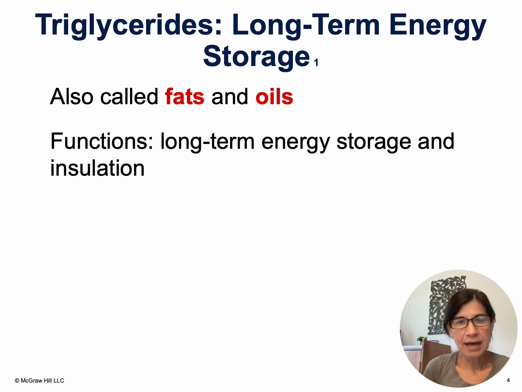So if you have a lot of fat on your body, you could use that fat as energy. So even if you didn't eat for a long time, your body would break that fat down and use it for energy. So that's how your body stores excess energy. Oil is the same thing. Now, the difference with fats and oils is where they're derived, and we'll talk about this. Fats are usually animal-derived, and oils are plant-derived.